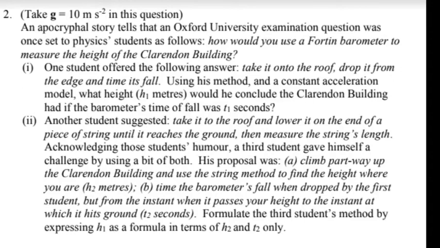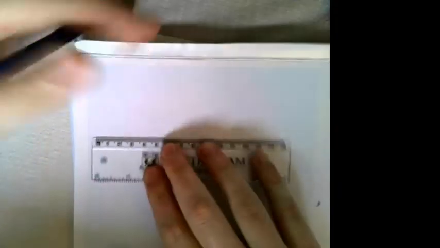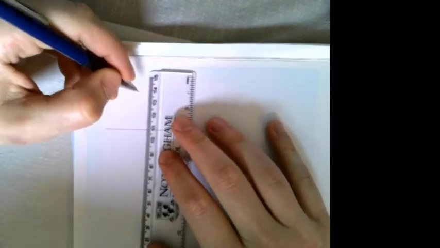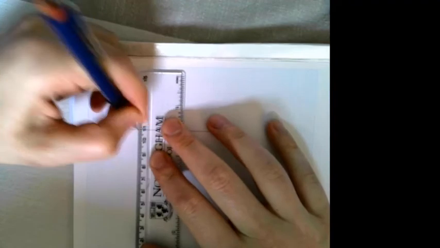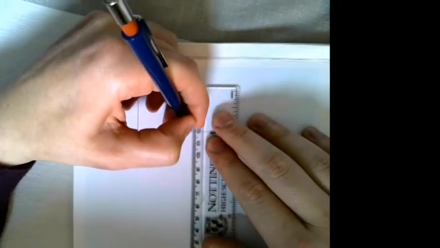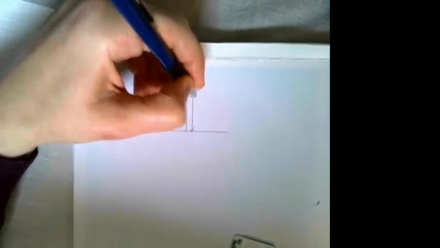Okay, so let's do that first part. So there's a constant acceleration, so we can do a sketch of this problem. I think it's definitely going to be worth doing a sketch of all this to try and get our heads around everything that's going on. Okay, so h1 has been defined as the total height of this building.